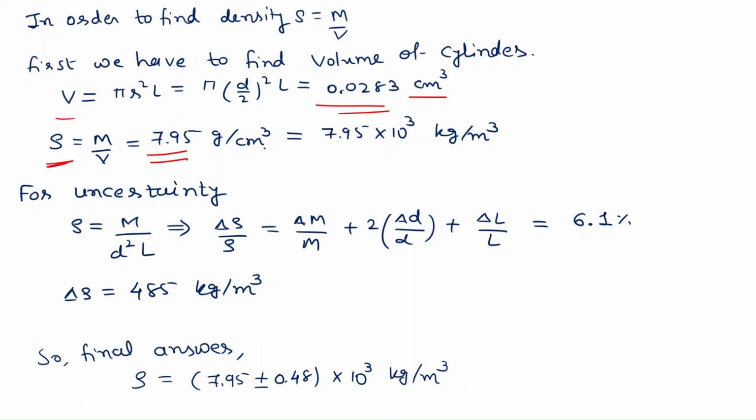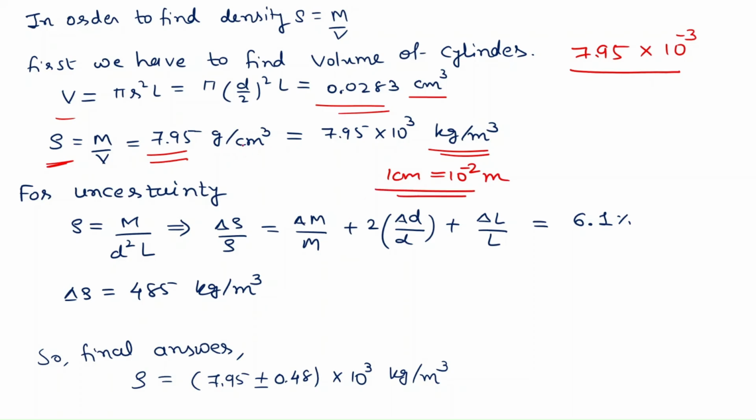So we have to convert first into SI base units. How to do it? This is the numerical value. If you want to convert gram into kilogram, multiply by 10 raised to minus 3. For centimeter cube, 1 centimeter is 10 raised to minus 2 meter.